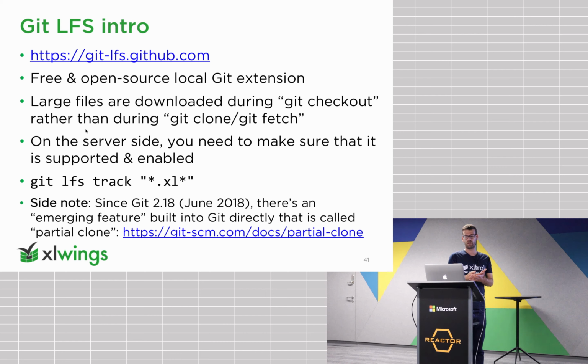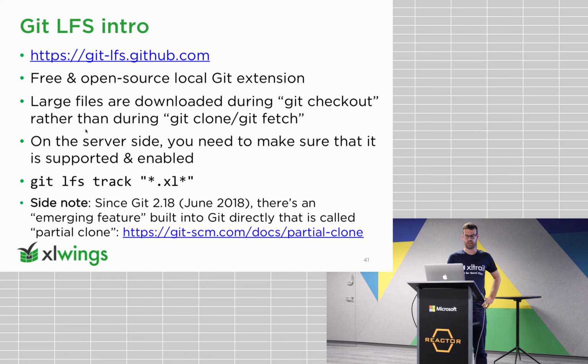So that means the initial cloning is much faster, and also the issue that we have with gigabytes of local repository are basically gone. So the only thing you need to make sure is that your Git provider on the server side supports it. And meanwhile, that's pretty much all of the major providers, so that shouldn't be to worry about.